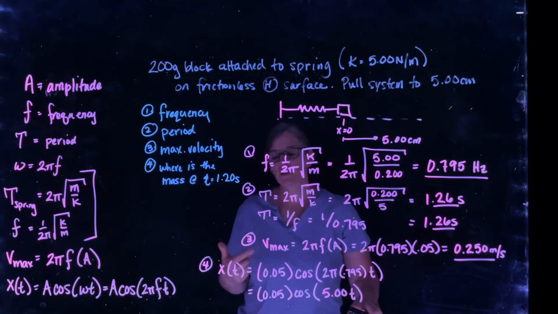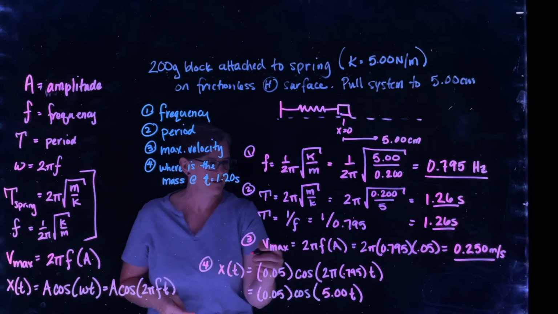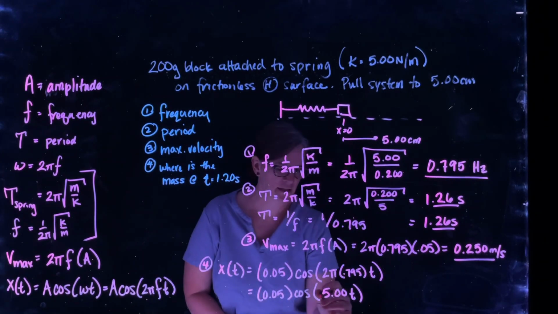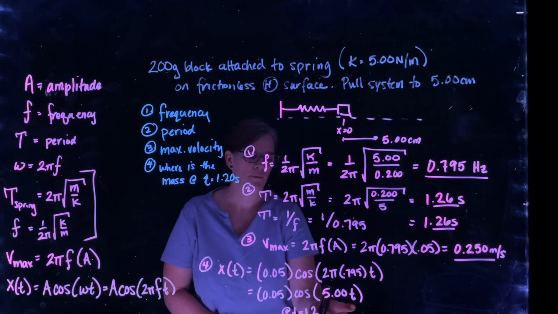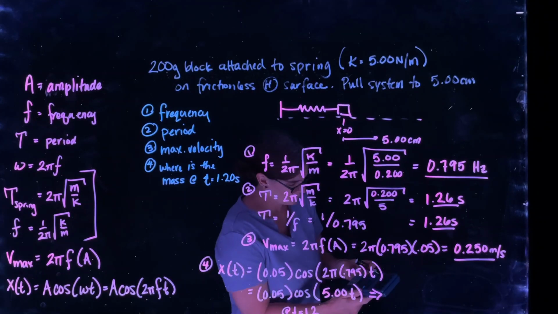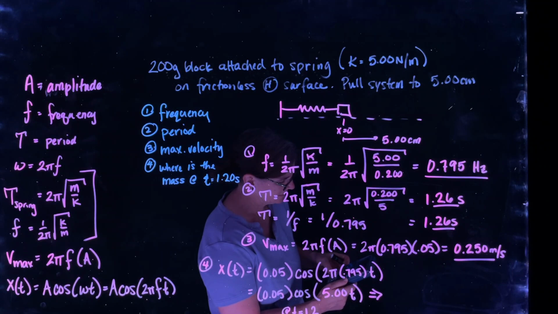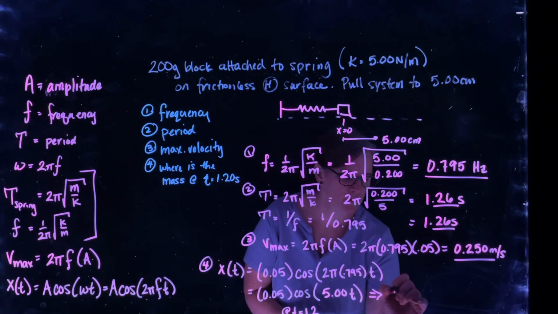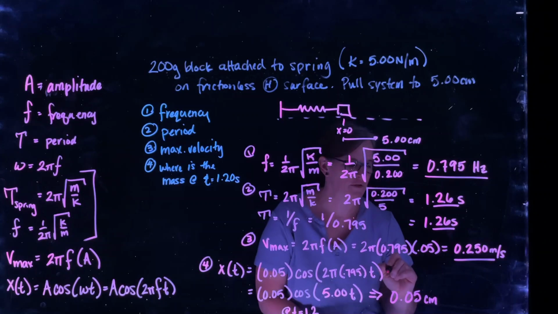And now if I want to determine the position at time equal 1.2, I can very slickly plug in my 1.2 for time, and we find 0.05 times the cosine of 5 times 1.2 is 0.05 centimeters.